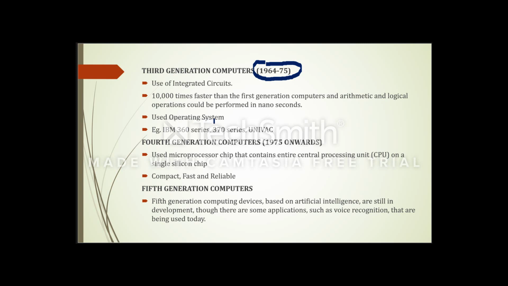They used operating systems, and examples include the IBM 360 series, 370 series, etc. The fourth generation are the computers that use microprocessors, and they are still being used now. They use a microprocessor chip that contains the entire central processing unit on a single silicon chip. They were very fast, compact and reliable. The microprocessor has also advanced from 1975 to what we use now.